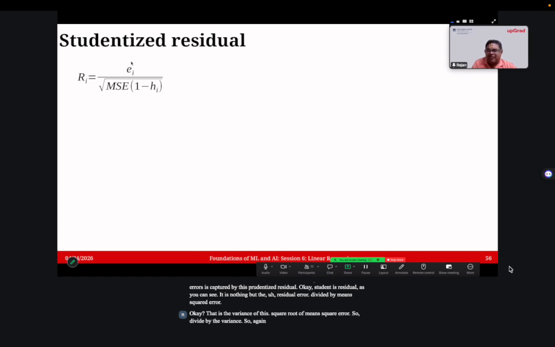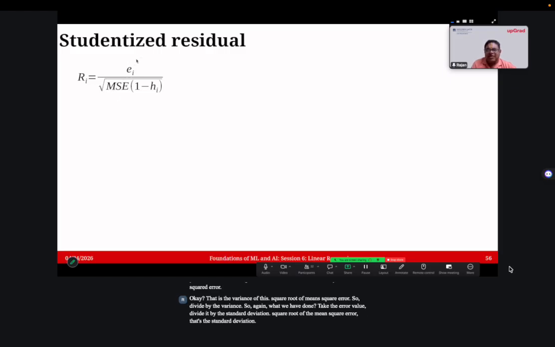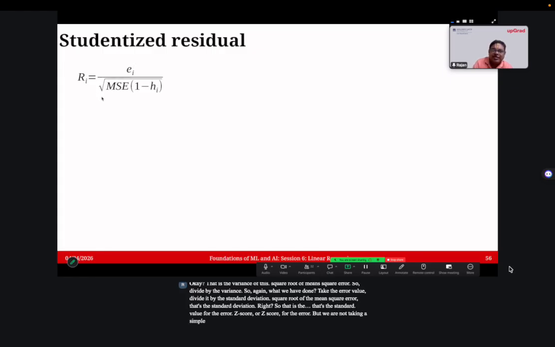So again, take the error value, divide by the standard deviation. That's the standard value for the error, a Z score for the error. But we are not taking a simple standard deviation. We are taking a standard deviation also factoring in the leverage.